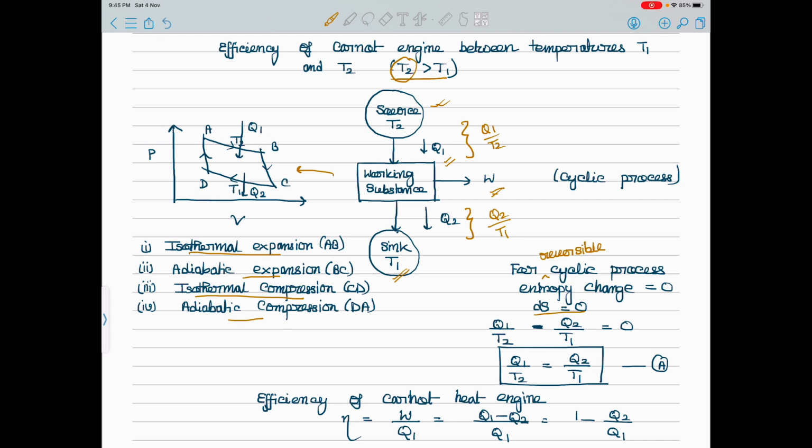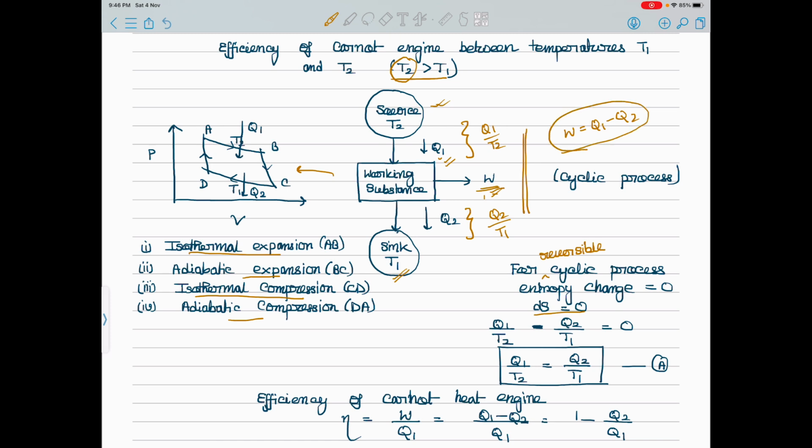This is the expression we get by applying that for a reversible cyclic process the entropy change is 0. The efficiency of the Carnot heat engine is eta, the work done W divided by Q1, the heat gained by the working substance. From the schematic, W is Q1 minus Q2, using the first law of thermodynamics.